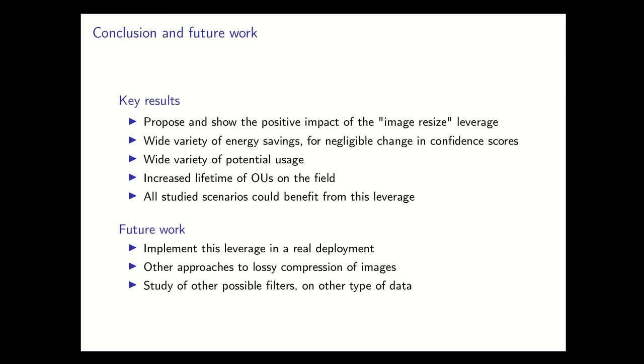It definitely is an idea that could drastically increase the lifetime of OUs on the ground, especially with use cases or potential use cases that have similar characteristics. And all studied scenarios that have been covered in our simulation would benefit from this leverage.